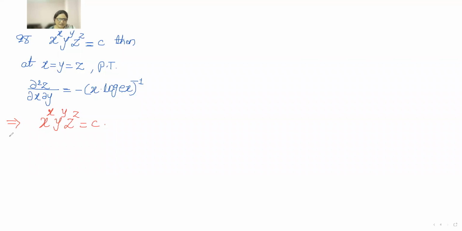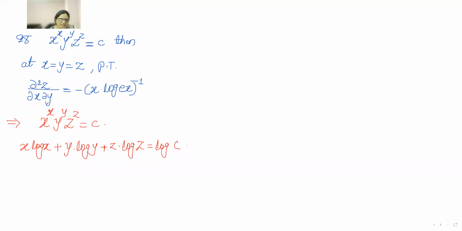We can write it like this: x into log x plus y into log y plus z into log z is equal to log c.